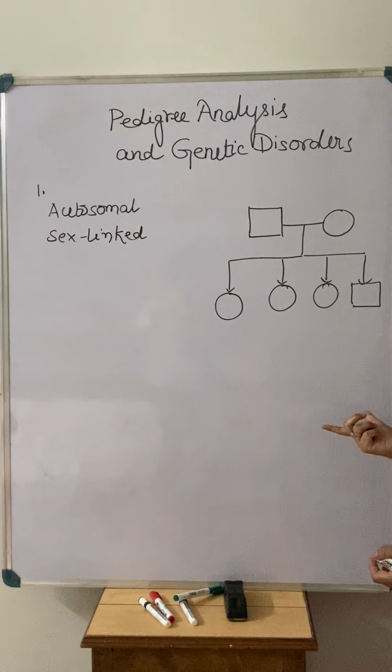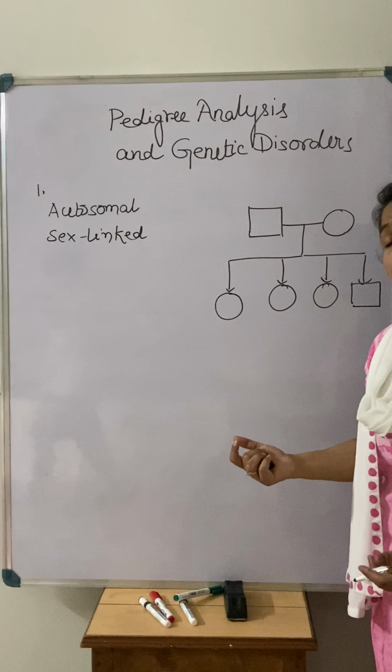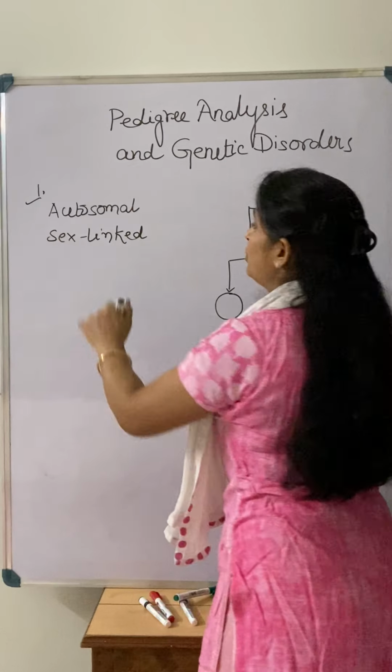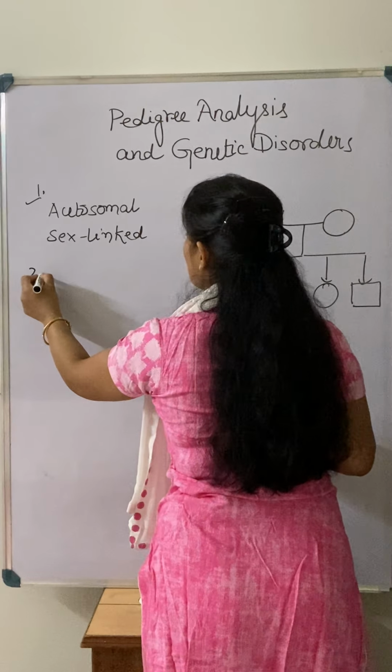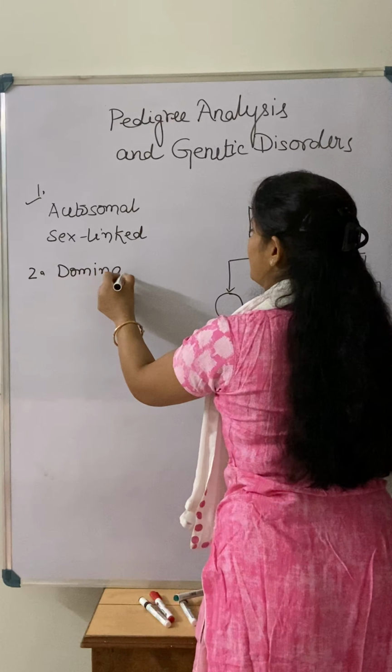How will you say that by seeing any pedigree? For that there are certain rules that we should know. First we have to know whether it is an autosomal or a sex-linked disease. Then if it is autosomal, then it is dominant or recessive.